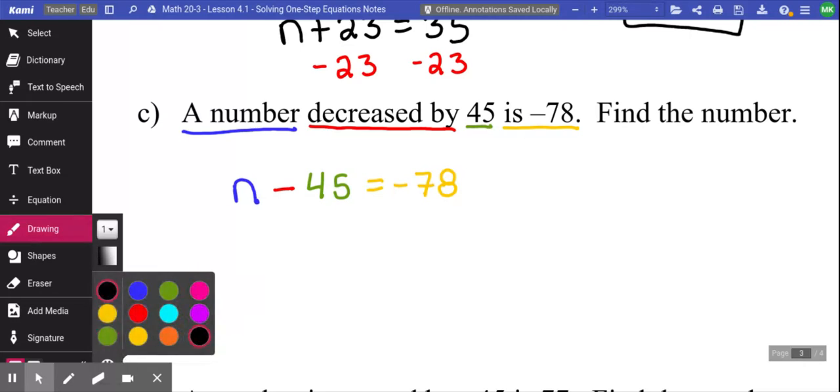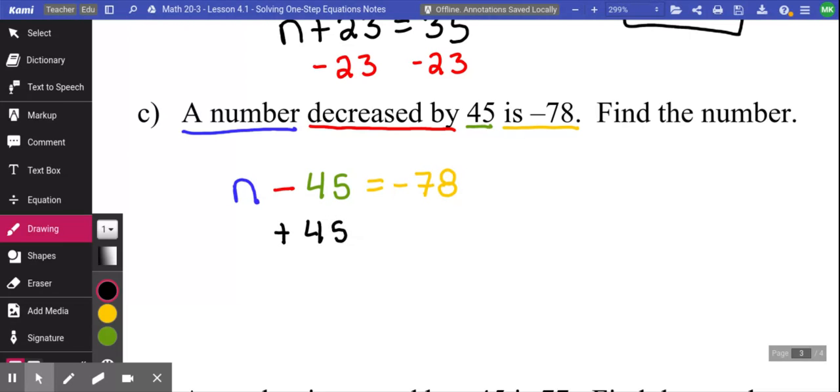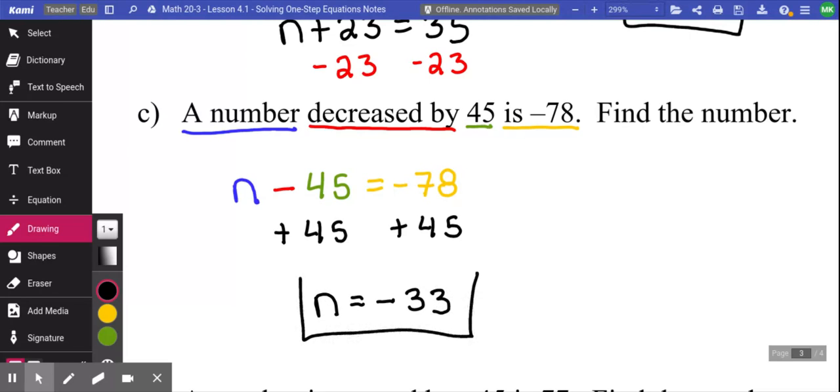To solve, you do opposite operations. The opposite of subtract 45 would be add 45. Meaning n equals negative 33 again. Like that. Yep.